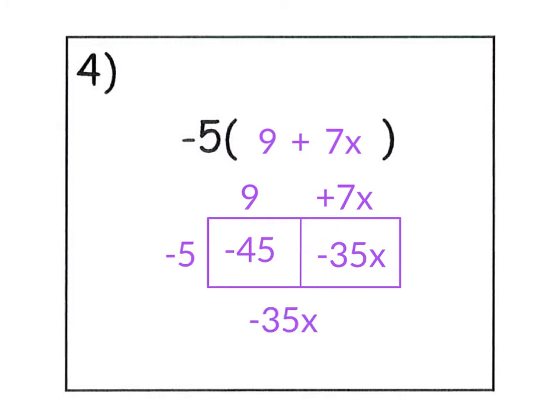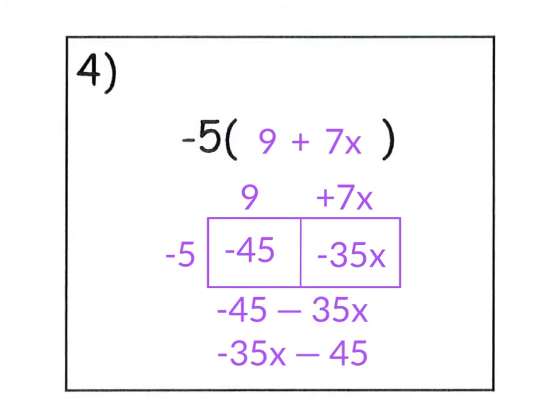Now notice I was careful to keep the sign with it. It was a negative 35x, so I had to bring that negative in front. And then I have the minus 45. Now, had you written it as the negative 45 minus 35x, it is mathematically equivalent, but I'm just going to ask that you rewrite it underneath in what I called standard form, having the x variable before the constant or the number by itself.